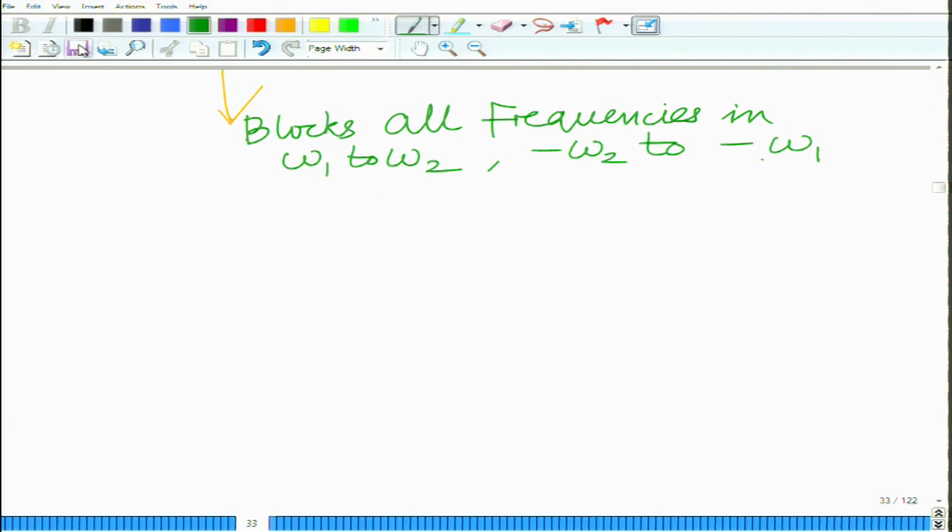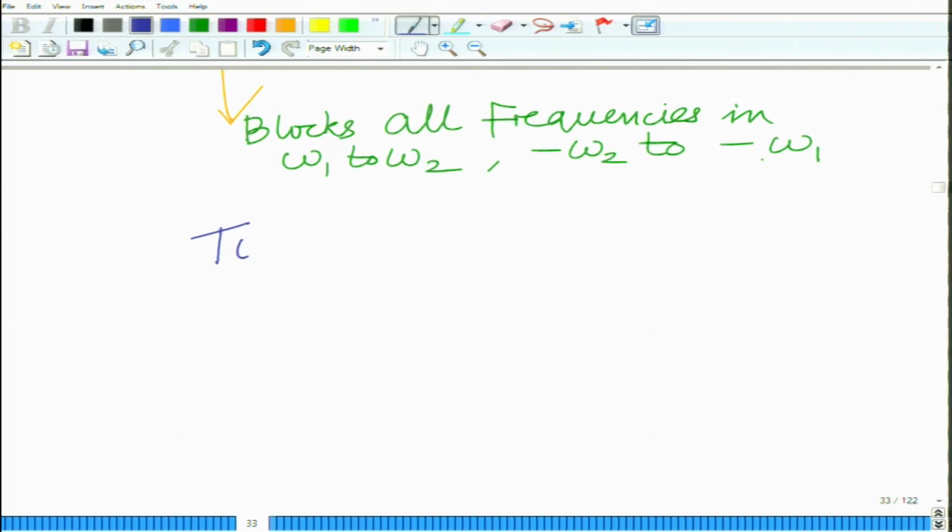Okay. And further, we only talked about the magnitude response, but we have not talked about the phase response. But we know that for a distortionless response, the phase response has to be linear. Okay. So, although we have not specified the phase response, you can note that the phase response has to be linear to avoid distortion.